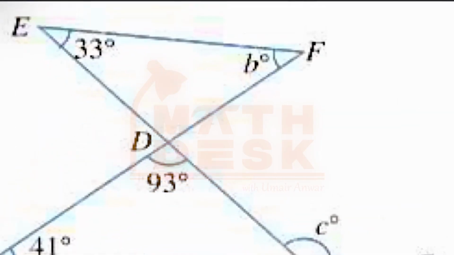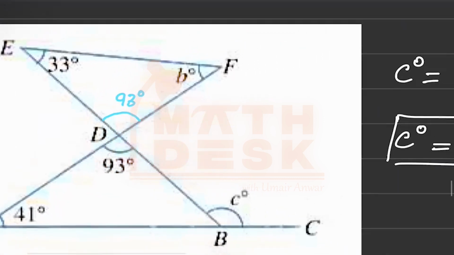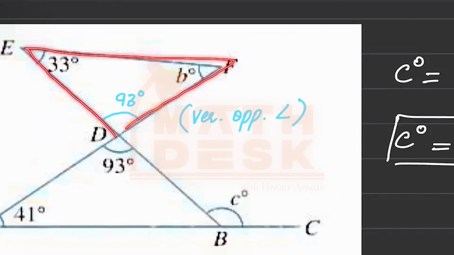Similarly, we need to find out the value of B in this example. So the first thing is, this angle is again going to be equal to 93 degrees because it is the vertically opposite angle. So I'm writing vertically opposite angle. Now, in triangle DEF, all the three interior angles are added, then the sum is going to be equal to 180 degrees.